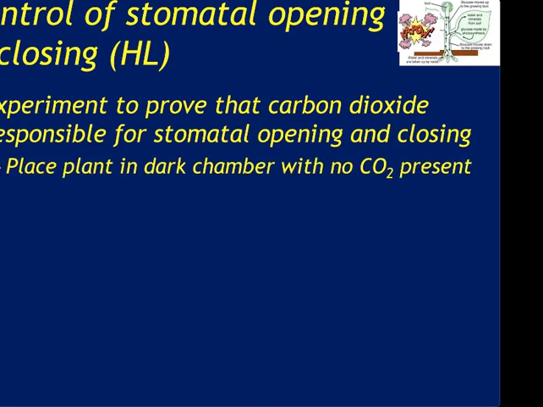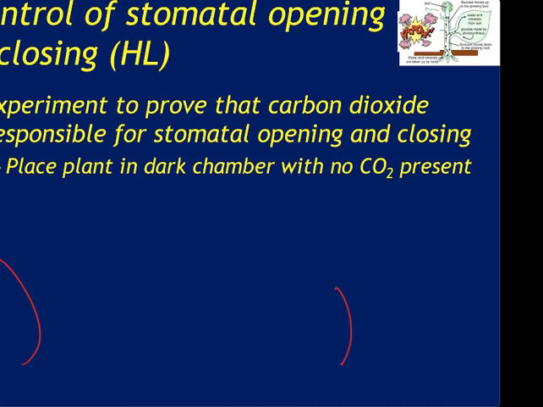If you put your plant in the dark and you put it with a scrubber that would remove CO2, so we would have our dark plant, put it over here. You literally put your plant in a black bag, you'd have a little scrubber to remove your carbon dioxide.